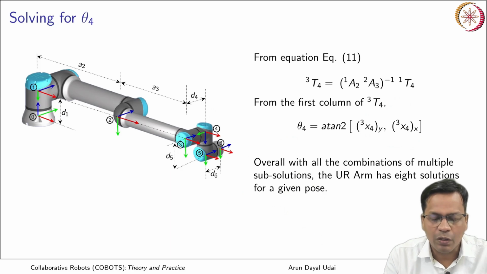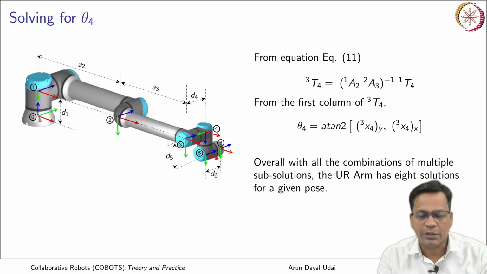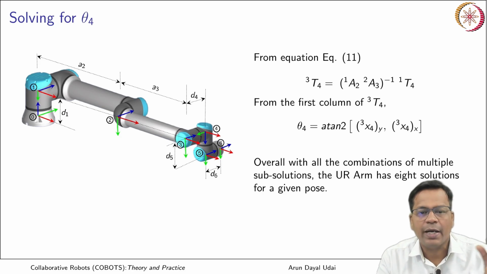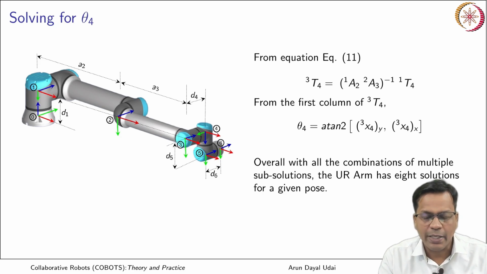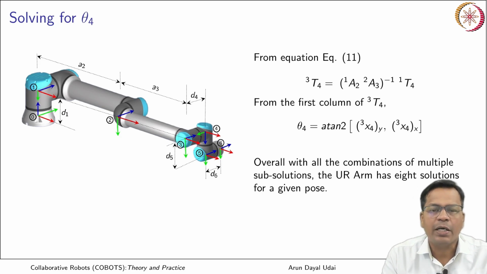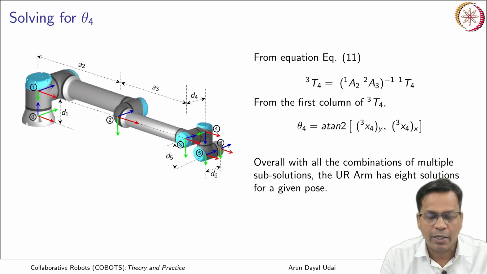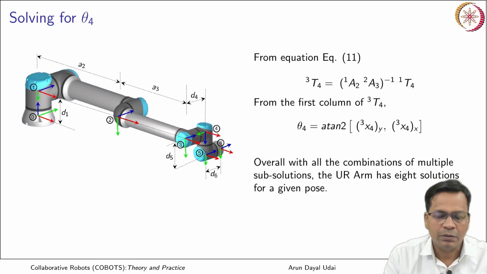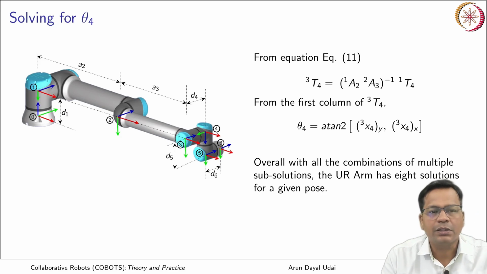So now overall, with all the combinations of multiple sub solutions, each of which had 1 or 2 solutions, if I combine them all together, your arm has 8 solutions for a given pose. Not all may be possible due to the kinematic limitations or the joint limits that are there.